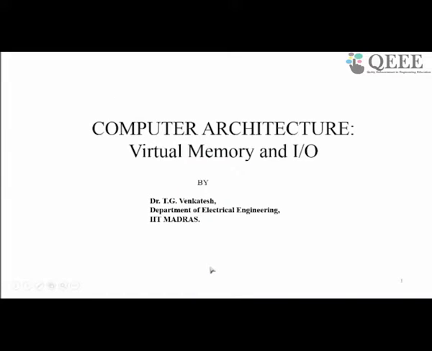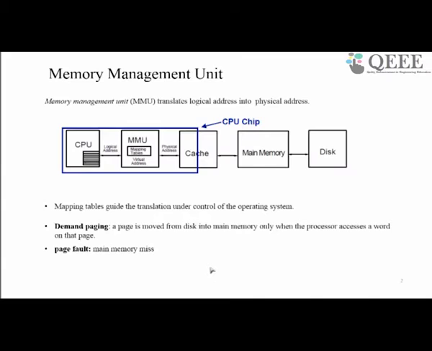When it comes to the virtual memory design, we saw that in the memory hierarchy you will have the main memory, which is usually a semiconductor based memory. Usually a DRAM based technology is used in constructing the main memory, where the program will reside.